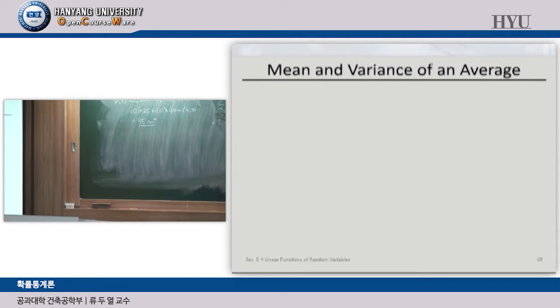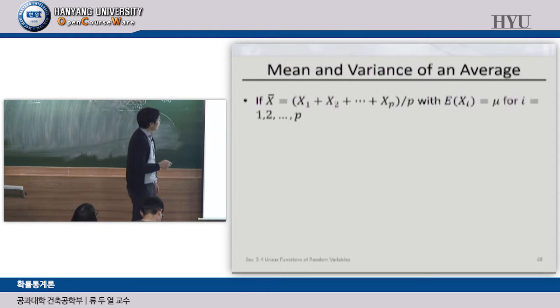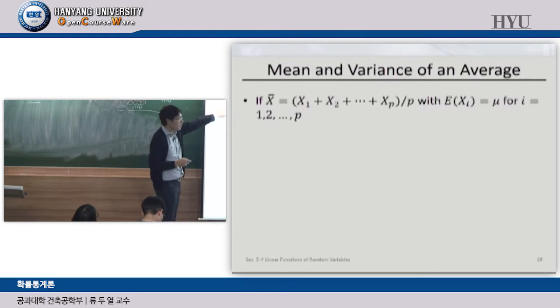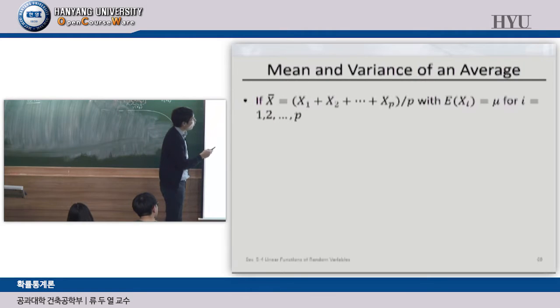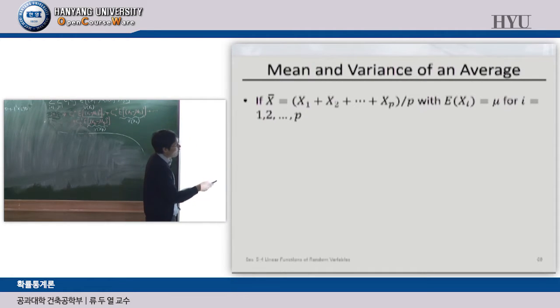And now we are going to calculate the mean and variance of an average. If x bar is equal to the summation of all random variables from x1 to xp over p, where p is the number of random variables, right?